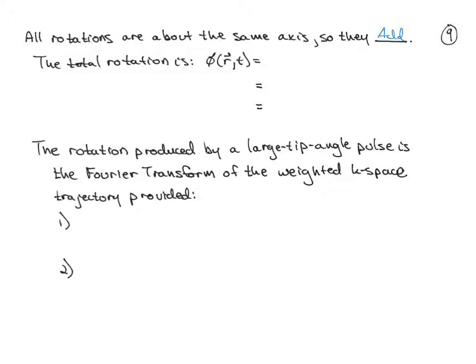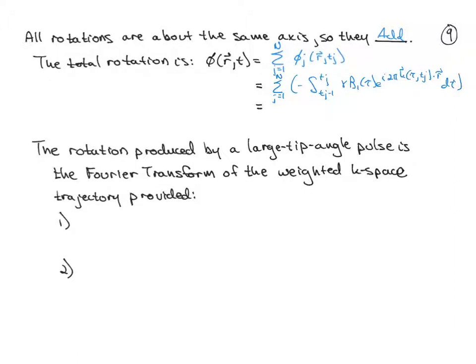So the total rotation is equal to the sum of the individual rotations over the number of turns in the spiral, capital N. The individual rotations are phi sub j of r vec, comma, t j. And that's equal to the sum from j equals 1 to N of the integral from t sub j minus 1 to t sub j of gamma b1 of tau e to the i 2 pi k vec of tau comma t j dot r vec d tau.